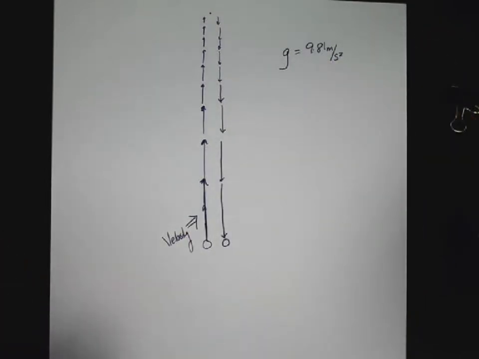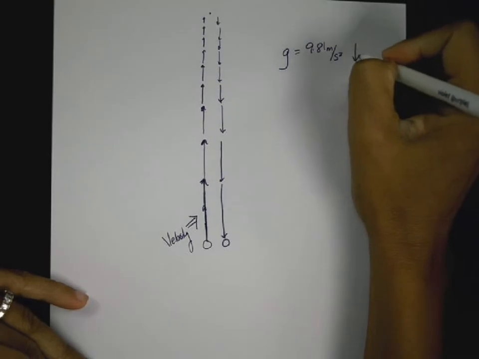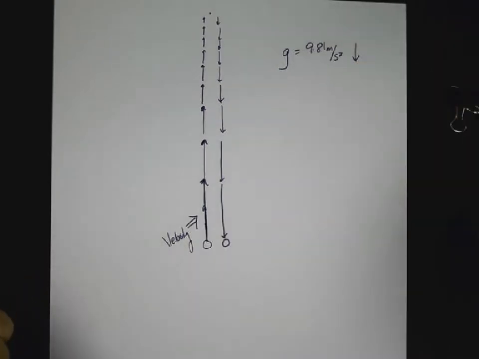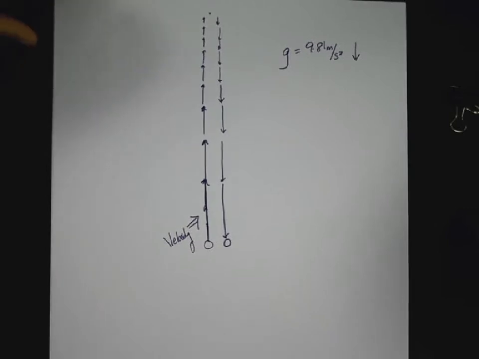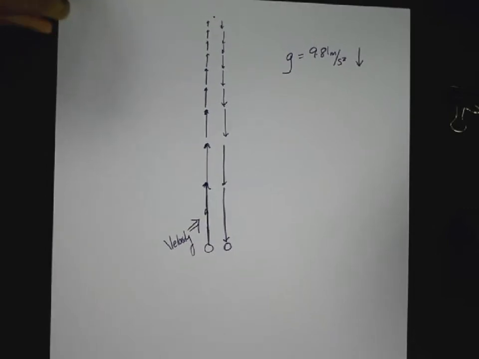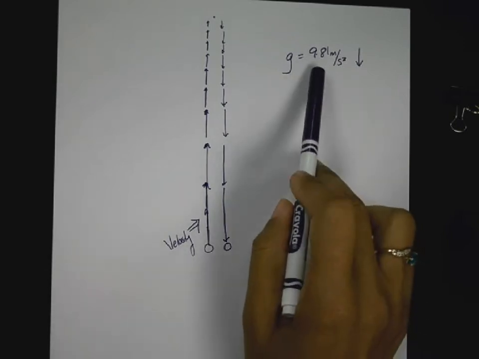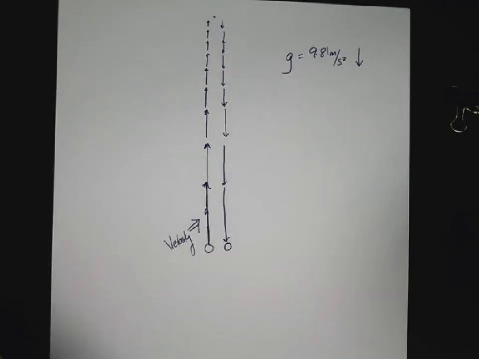Now, acceleration, gravity included, is a vector. It has a direction associated with it. So the direction of gravity always points downward, right? So depending on what you declare as positive and what you declare as negative, you can assign the value to g.